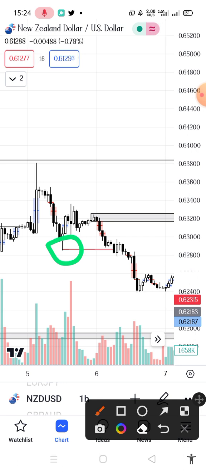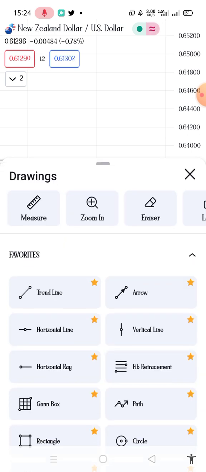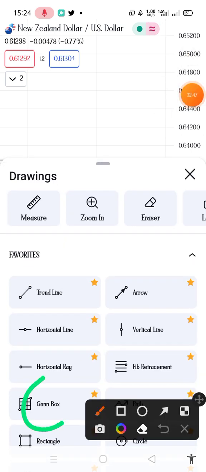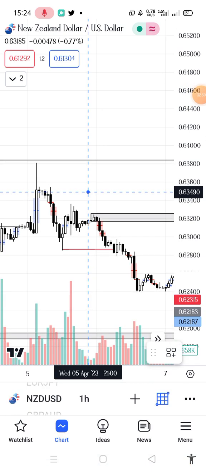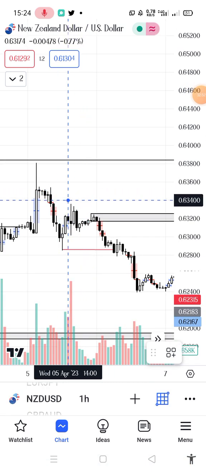This is the last low. Then use this right here. Check it. So now let's use this box called the Gann box. You tap on it, come here, then you take it down.